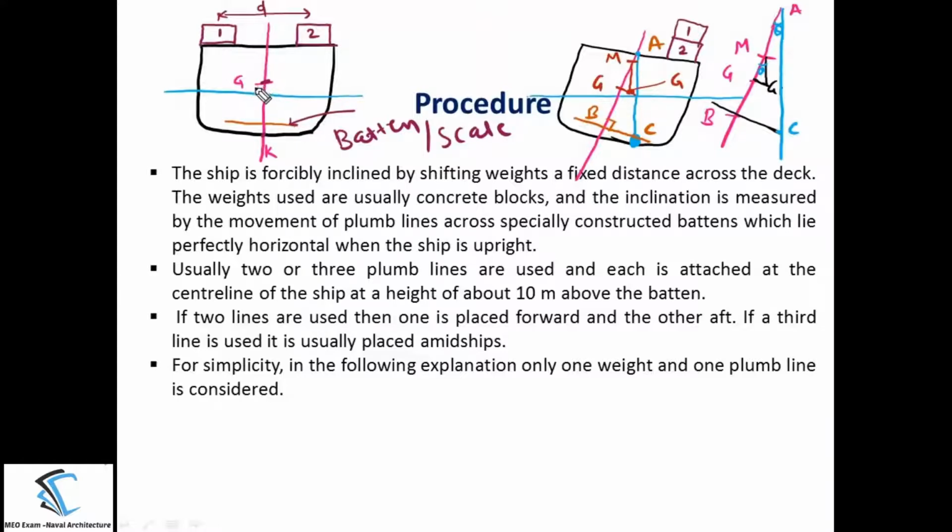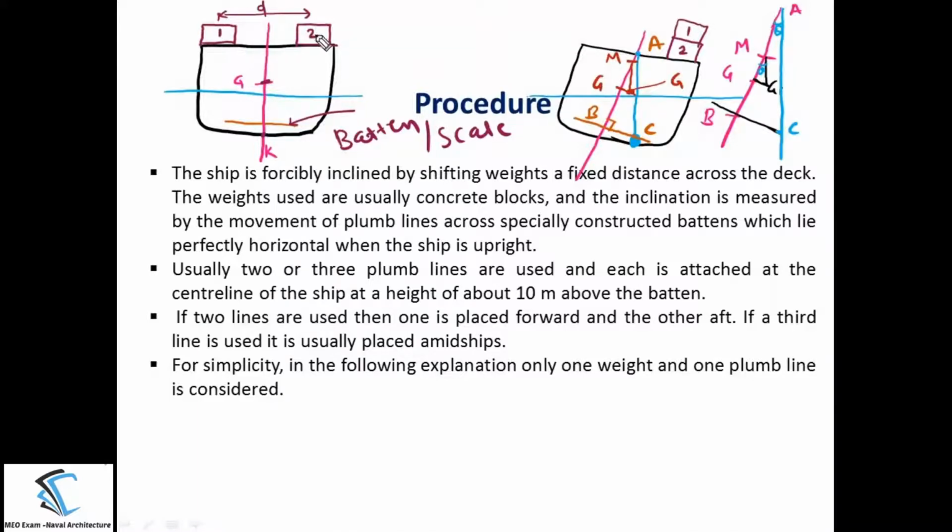Both blocks have the same weight and same size, and both are kept in front of each other. Block number 1 is kept on the port side and block number 2 is kept on the starboard side. The distance between these 2 blocks is d.